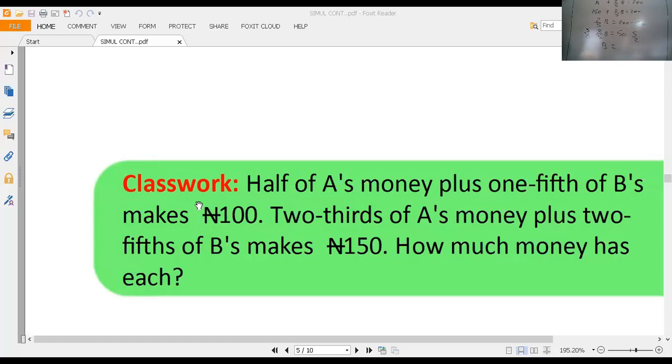For the other side, you have 125 naira. So that is the value of b, and recall that our value of a is 150 naira. That will solve the word problem given.